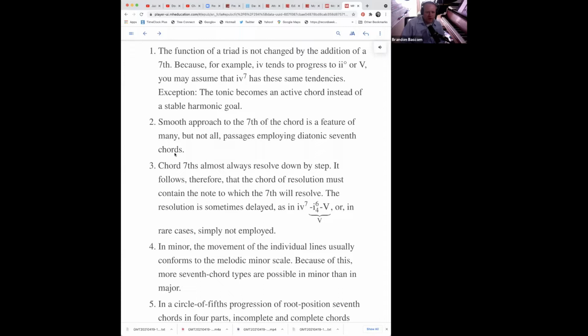Exercise 15-1, C1. And we're supposed to comment on the voice leading involving any of the chords discussed in the chapter.